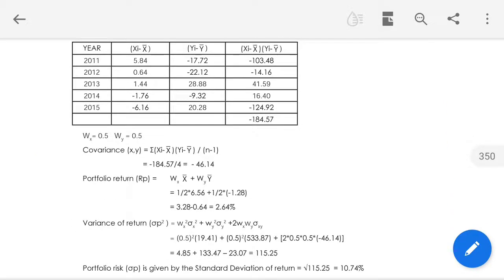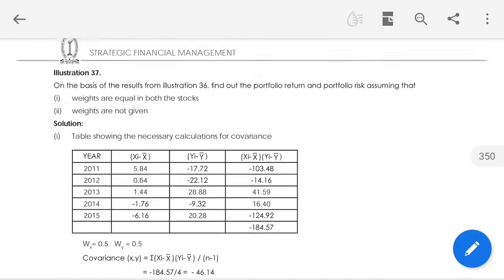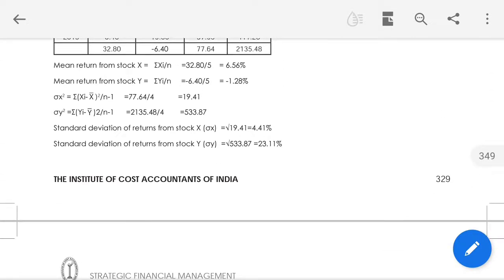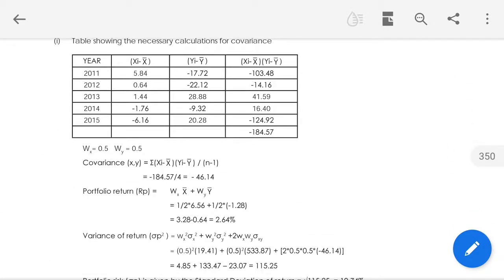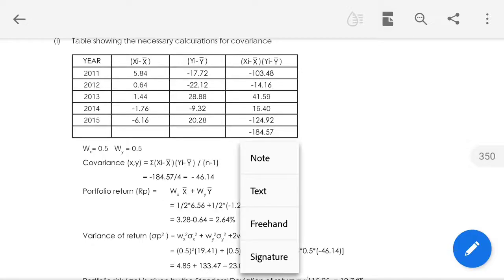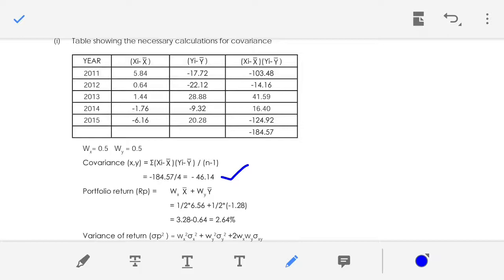So sigma x square is 19.41, sigma y square is 533.87. We have multiplied next 0.5 square into 533.87 plus 2 into weight of x 0.5, weight of y 0.5 into sigma xy, that is 46.14 we have calculated in this question itself.